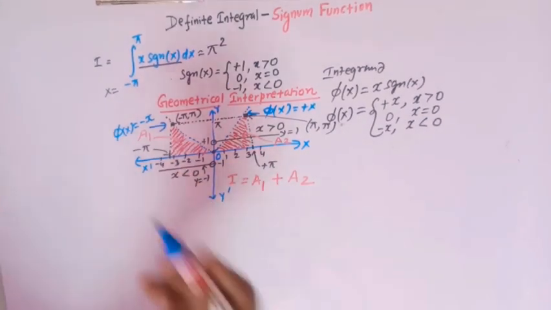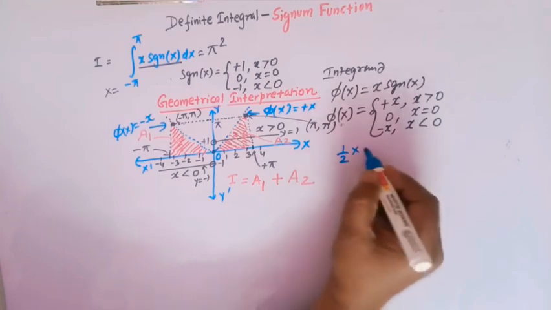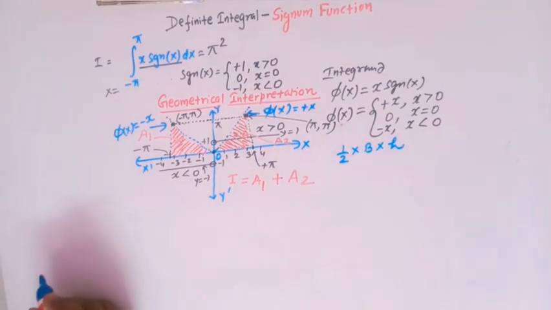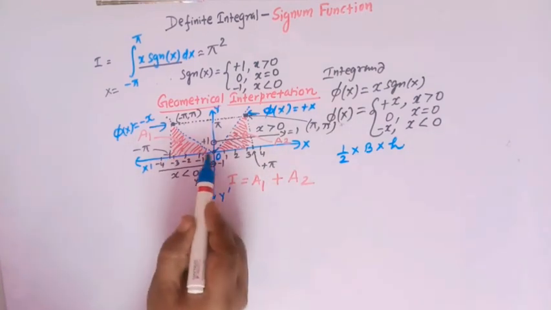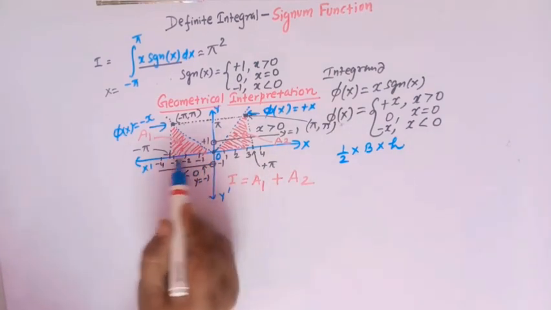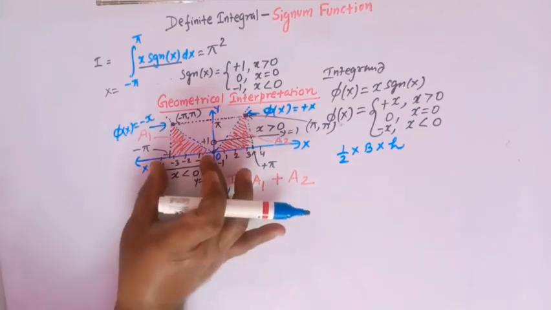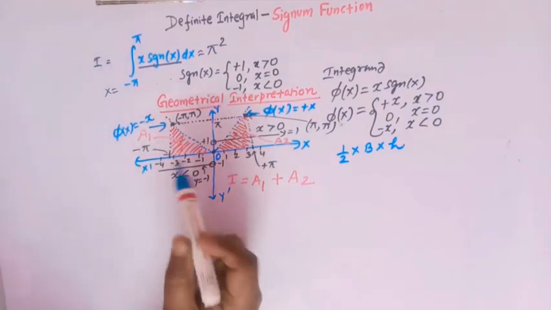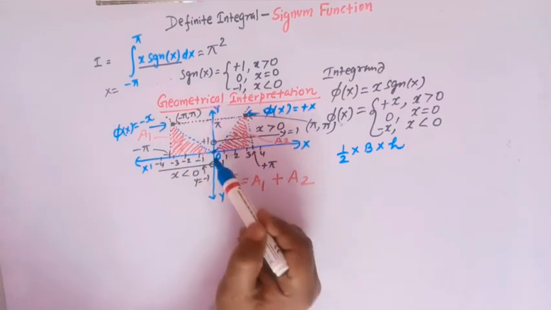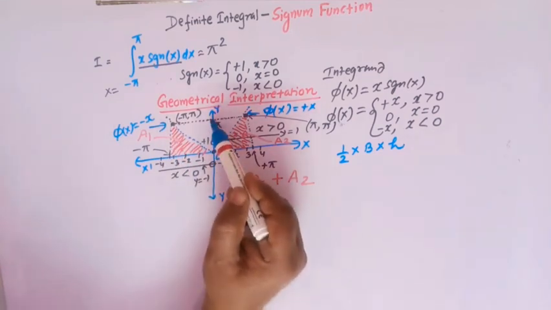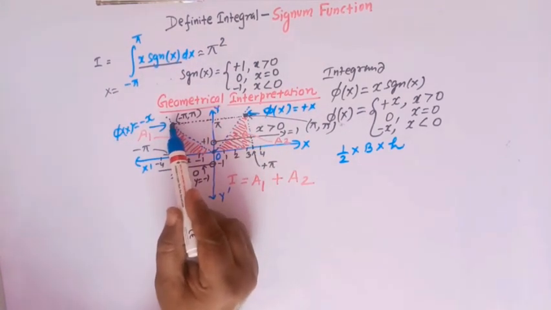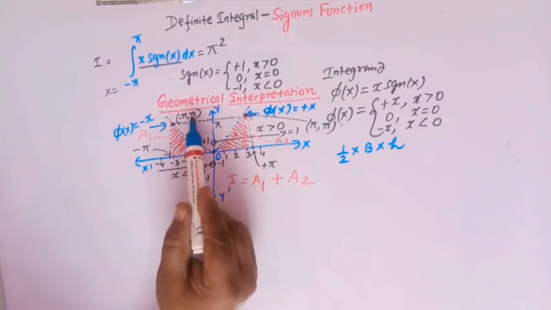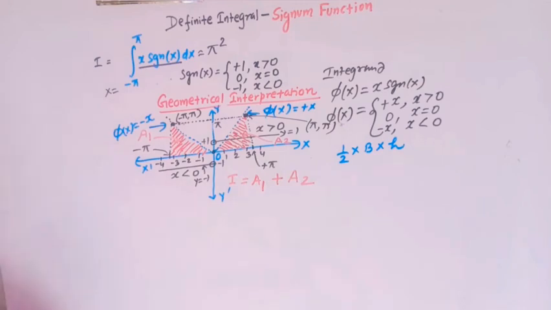Now we know that the area of a triangle is given by half times the length of the base and the altitude. So here we see that the base of this triangle is pi, that is this length. And the height is also pi, because from this point to this point the total length is pi, and moreover the coordinates of this point and this point are minus pi comma pi and pi comma pi respectively.